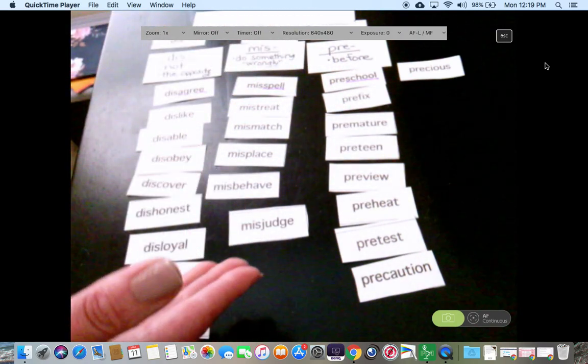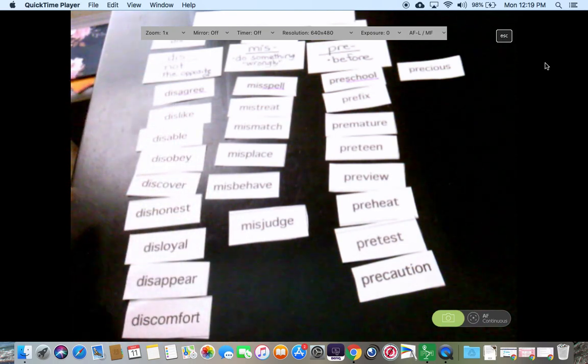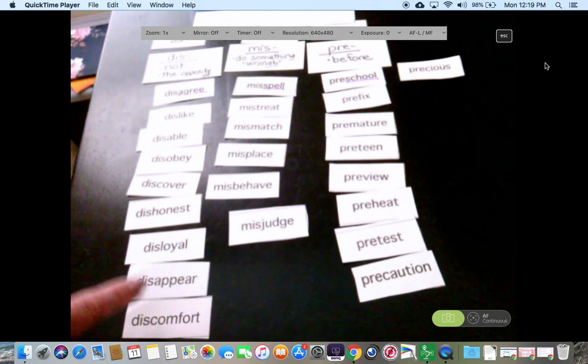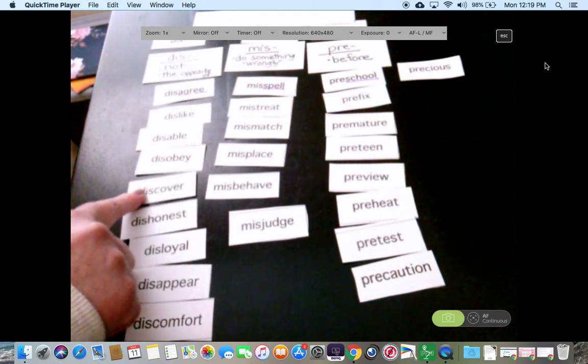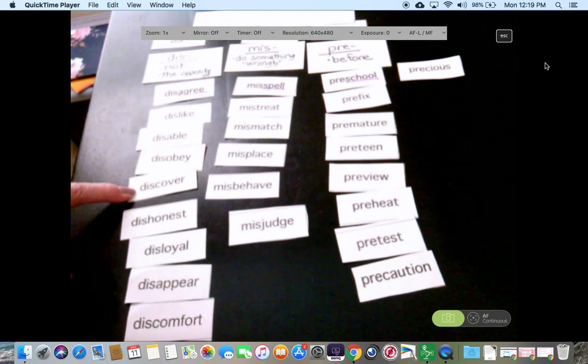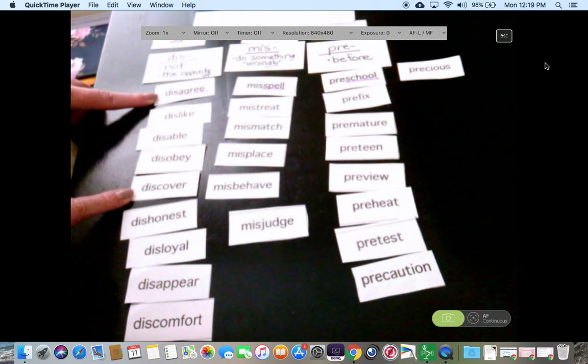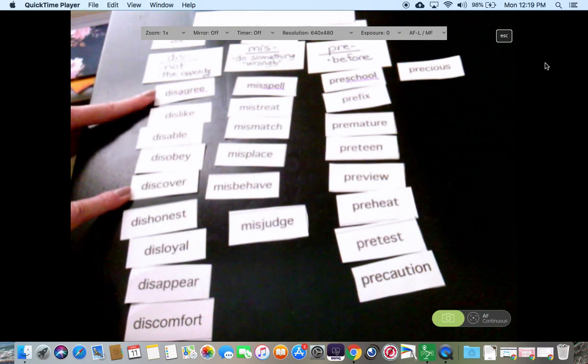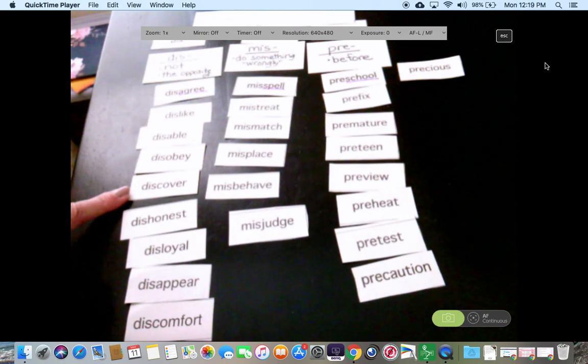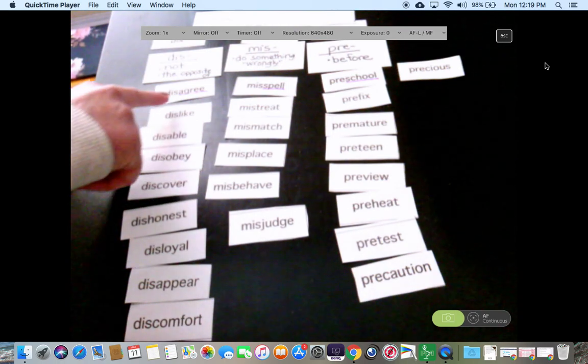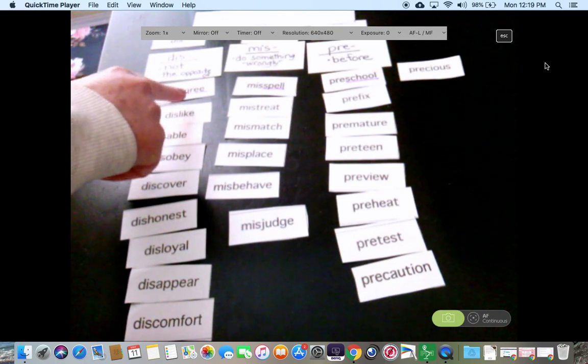Now, if you get a word and you can't remember what the prefix was, one trick is to think about another word that has that same prefix and what that word means, and how the prefix is used in that word. So for example, if I didn't know what discover meant, but I know disagree, I can say, oh, disagree means to not agree, the opposite of agree.